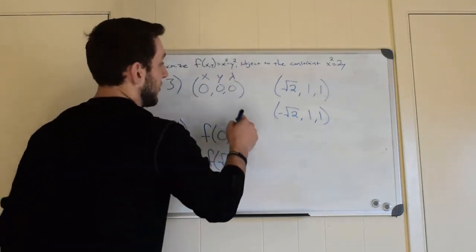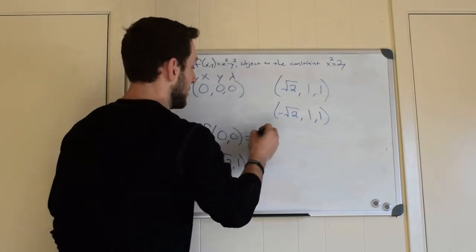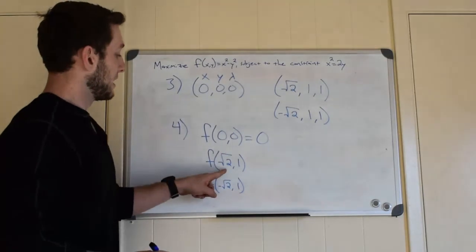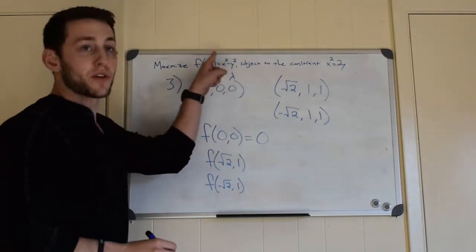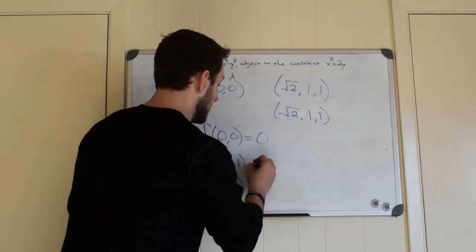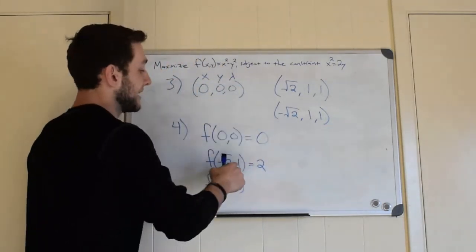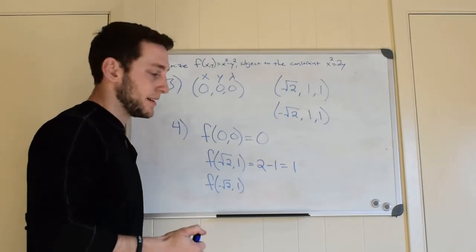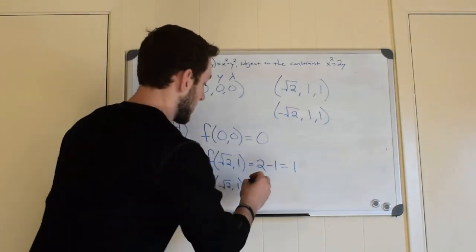Now what we'll see from this, 0 squared minus 0 squared, we'll get a 0 here. Plugging in either of these, square root of 2 squared will give me positive 2, minus 1 squared, we'll just get positive 1. And in fact, we'll get the same thing down here.